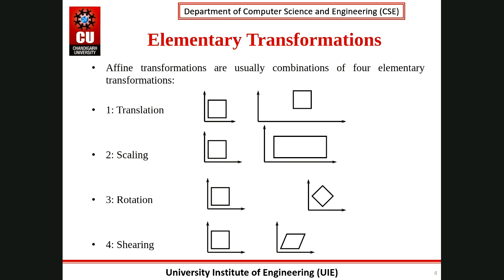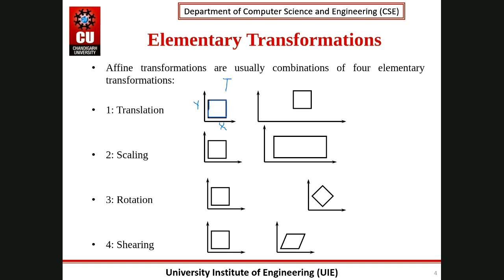Translation means changing the position of an object. As you can see, these are my xy coordinates, and I have a square placed here. What I want is to change the position of the object, so what I require is a translation vector.